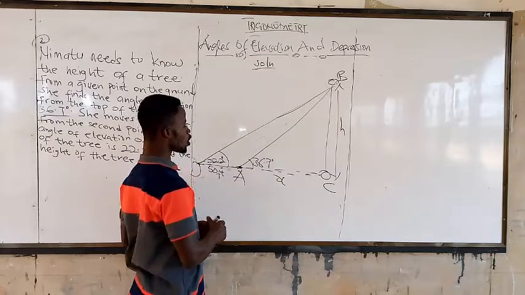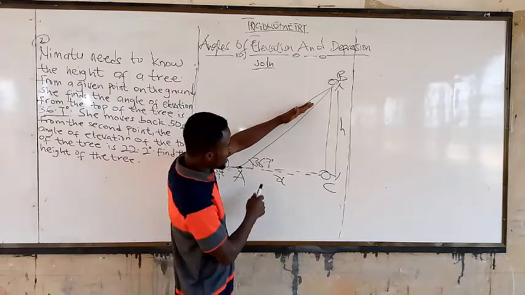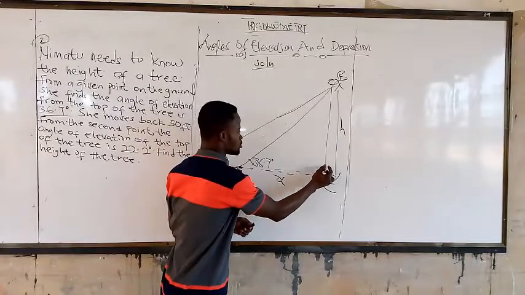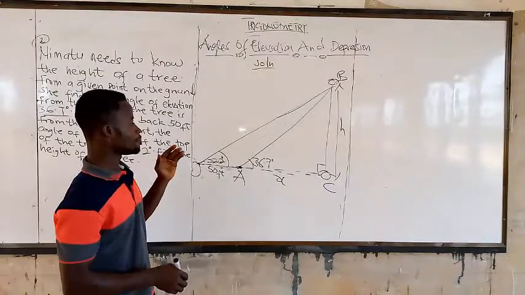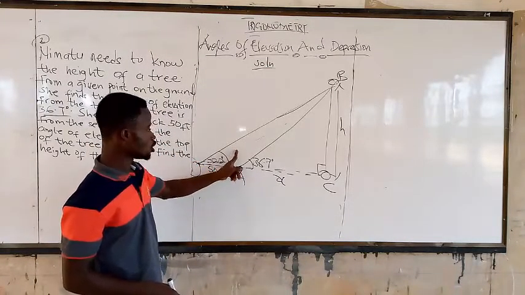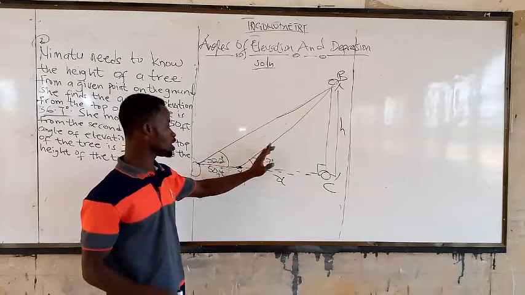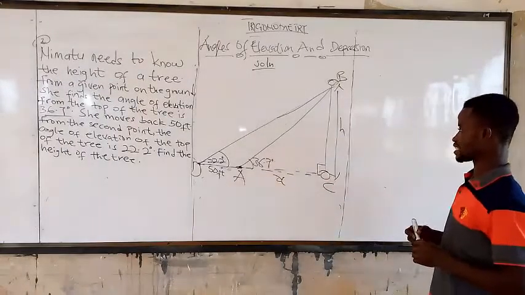Then we need to go for this side. Okay. Now there is a bigger right angle triangle and there is a smaller right angle triangle. But before you go for this bigger triangle, you should be able to know something here. So let's consider this.